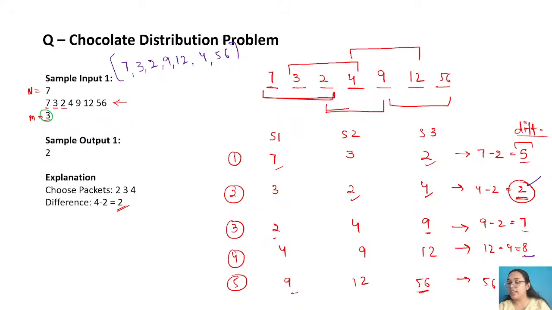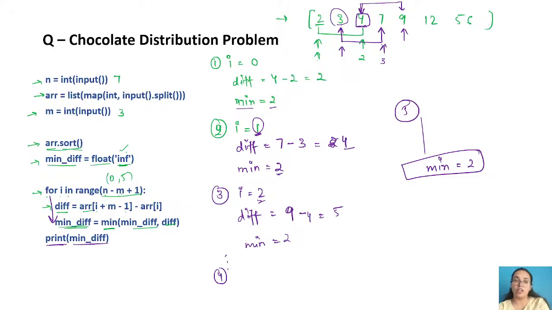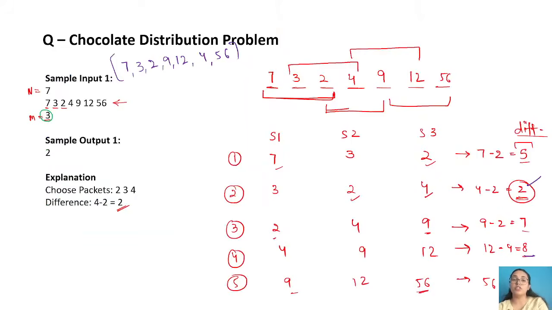Once we do sorting, everything will arrange itself from minimum to maximum. So you will get 2 first, then 3, then 4, and so on, like 7, 9, 12, and 56, right? So you will not be working on consecutive numbers.